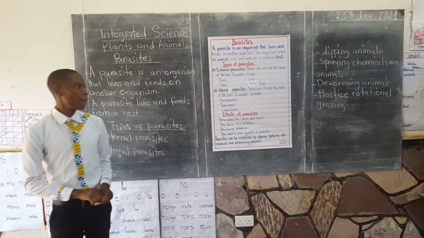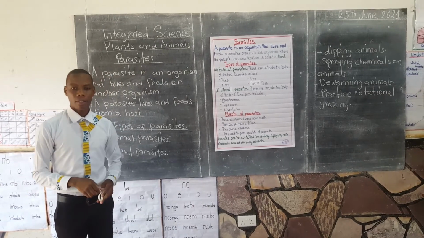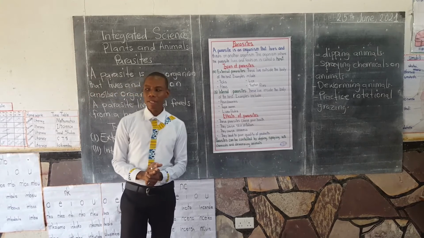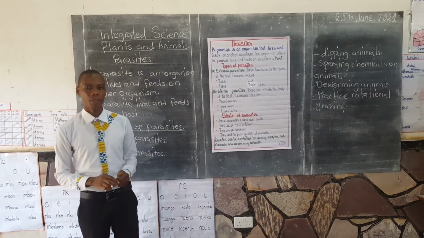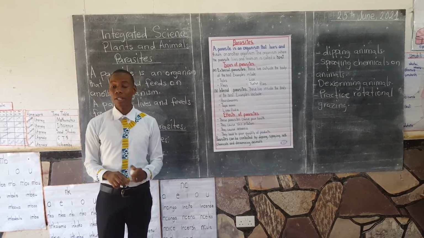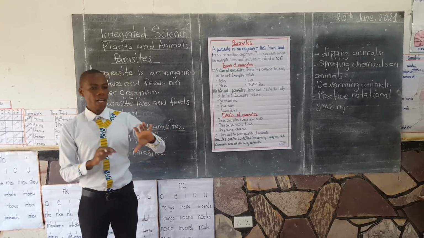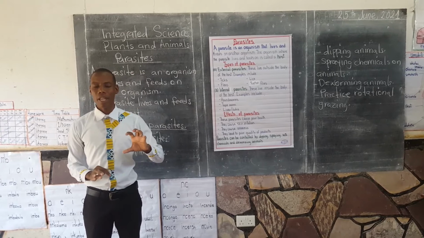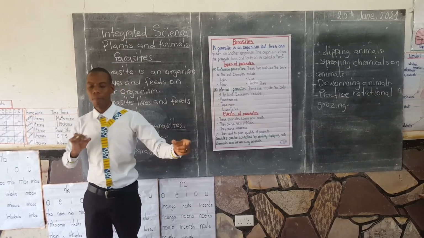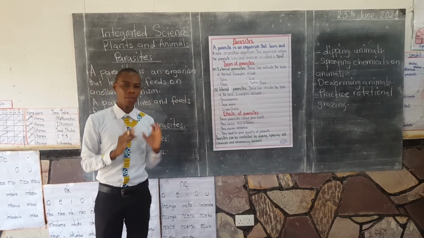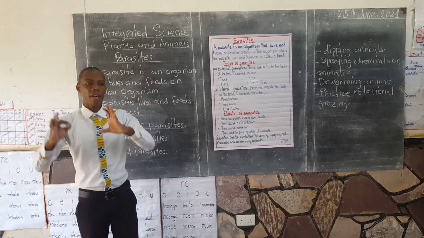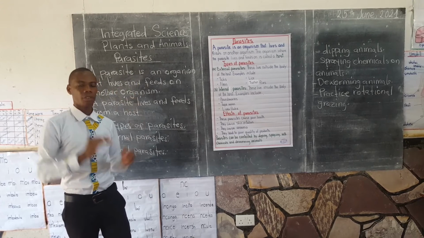What do we mean by practicing rotational grazing? What we mean is that animals such as cattle feed from different fields. We take them out to do what? To feed. So instead of allowing these animals to be feeding from the same spot each and every time, we are supposed to rotate. This week, they feed from this portion. Another week, you take them to a different portion. The other week, you take them to a different portion.